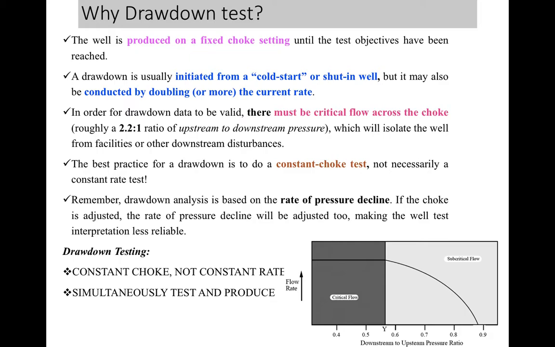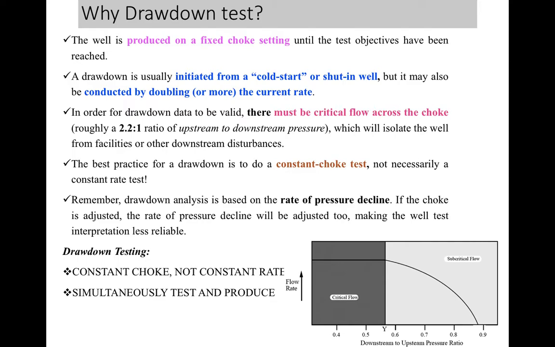Or the other way around, we can say that the downstream pressure to upstream pressure ratio is around 0.58 to 0.6, right? That type of choke setting needs to be done, and in that case what we obtain is the critical flow. Once you have the critical flow, we'll have the constant flow rate, right?